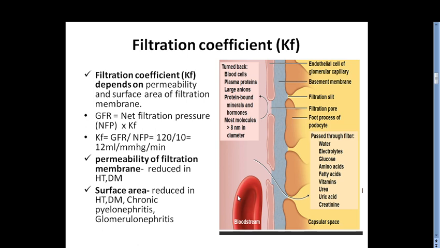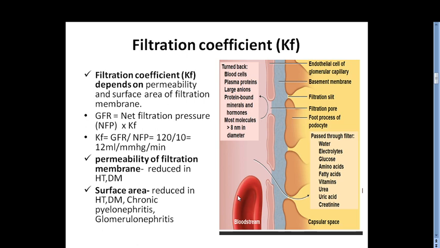Filtration coefficient. As I said earlier, the GFR, glomerular filtration rate, basically depends on two things. One is net filtration pressure, the different pressures within the Bowman's capsule and the glomerulus. The other is the filtration coefficient.